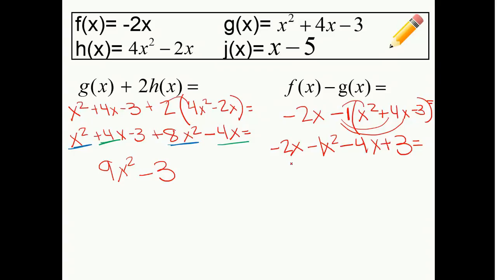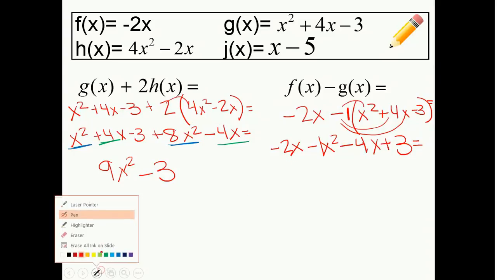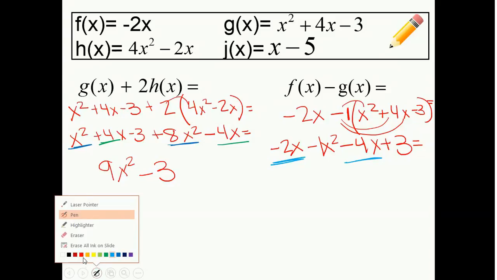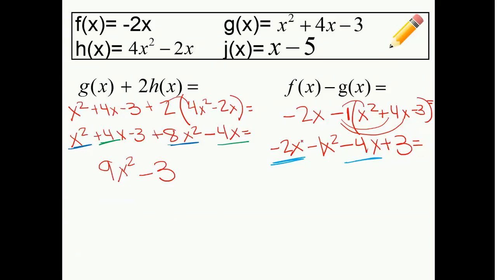So now, what I need to do, I need to group some like terms, just like we did on the other one. So notice how I have a negative 4x and a negative 2x. And then it doesn't look like I have anybody else that are alike. I'm going to put them in decreasing order. So highest power, next highest, and so on and so forth.